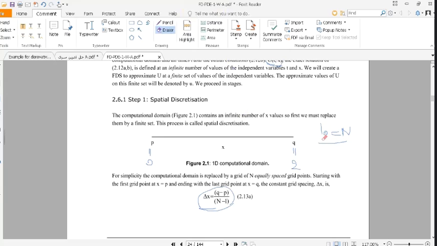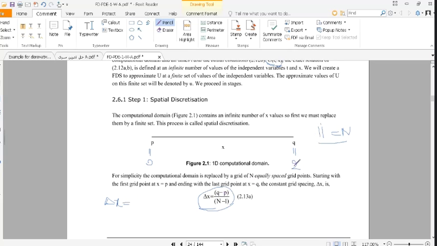Please let me correct for simplicity. If we put n equal to 11, delta x, or the step size for the computational domain, is (q minus p) over (n minus 1).